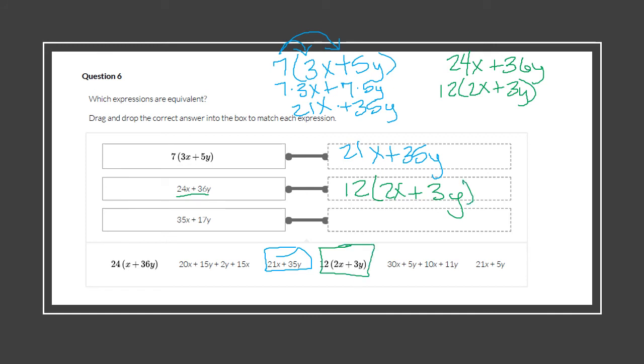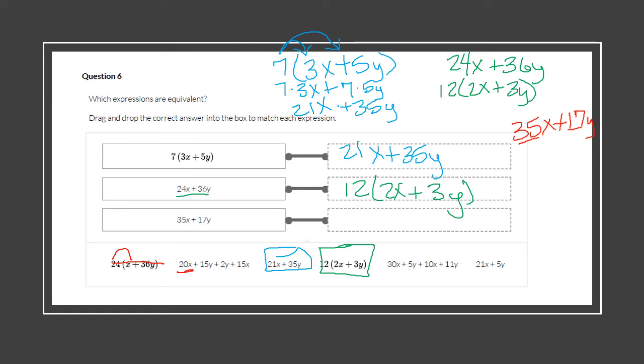Okay, and then the last one, I've got 35x plus 17y. Okay, and I don't see anything that can come out of both 35 and 17, so let's look at our other options. If I spread out 24 times x, that would not give me 35, so I know that's not going to be our option.